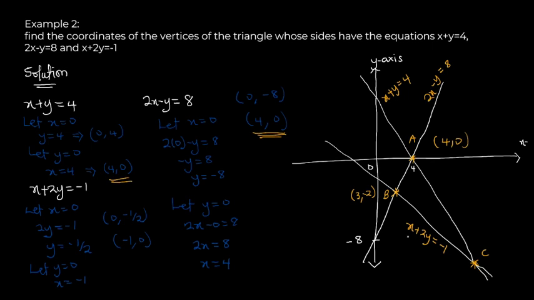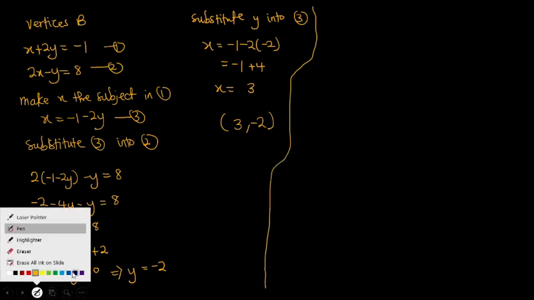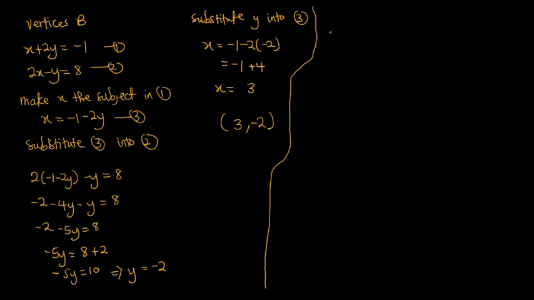That is, we are going to solve the equations x plus 2y is equal to -1 and x plus y is equal to 4. So let's do that. Let me use a different color for that. So for vertex C, we are going to solve the equation x plus y is equal to 4 as our equation 1, and then x plus 2y is equal to -1 as our equation 2.